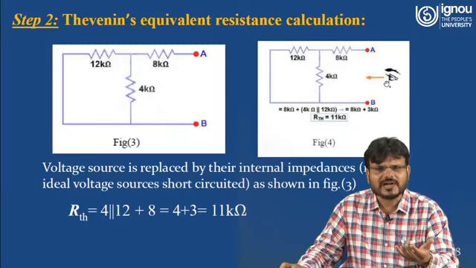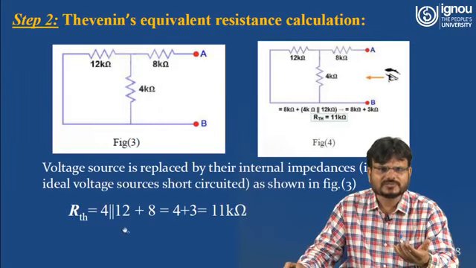So what will be RTH, the equivalent resistance? RTH is equal to 4 kilo ohm parallel with 12 kilo ohm, which is 3 kilo ohm, added with this 8 kilo ohm. So it comes to 11 kilo ohm.